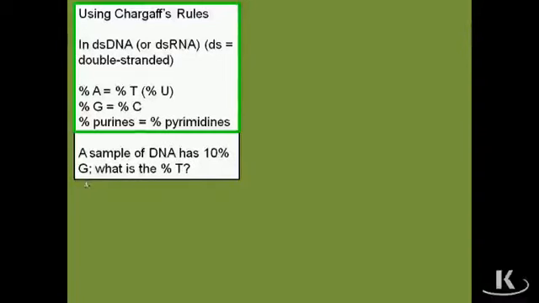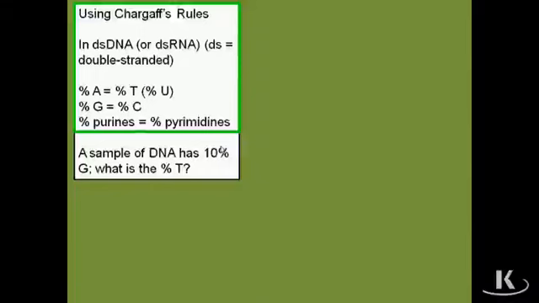Well, let's use Chargaff's rules. Remember that the percentage of G's is always equal to the percentage of C's. So, if you're given a sample with 10% G's, what percent of that sample is C? It's going to be the same, 10%. So now, if 10% is G and 10% is C, that together equals 20%.